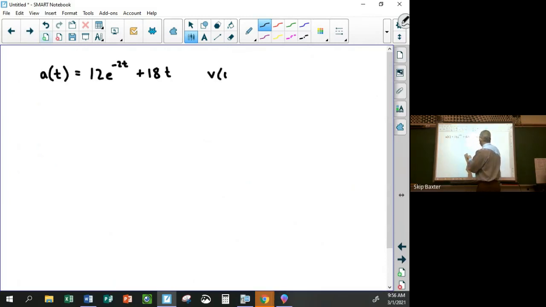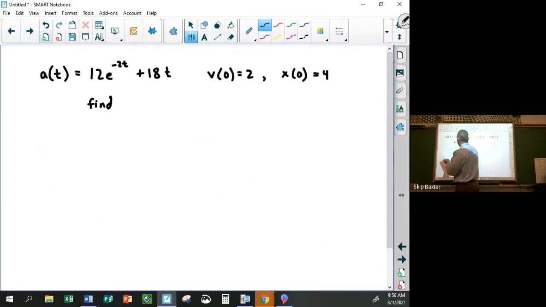The velocity at 0 is 2, and the position at 0 is 4, and we're trying to find the position at 2. And let's say this was a non-calculator question. So what type of problem is this really?